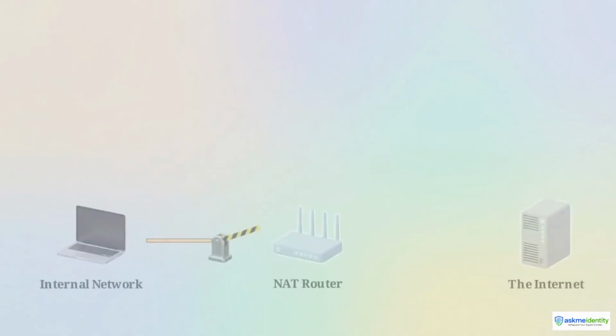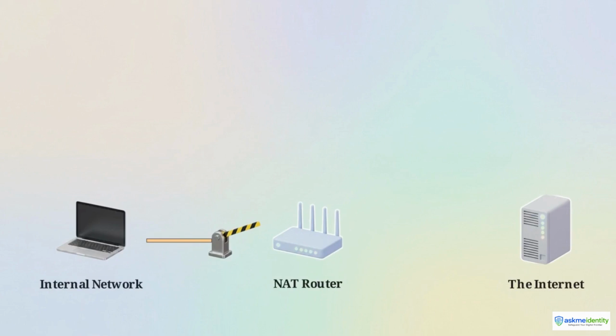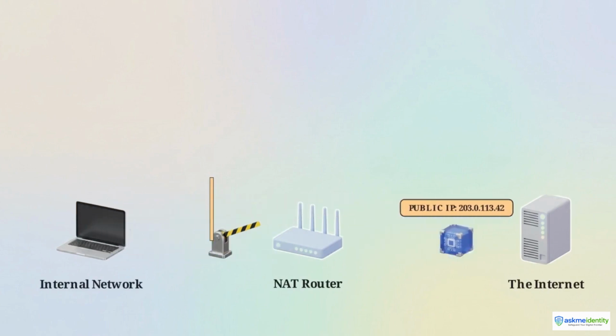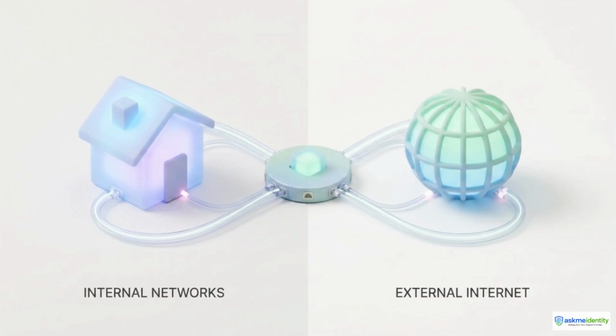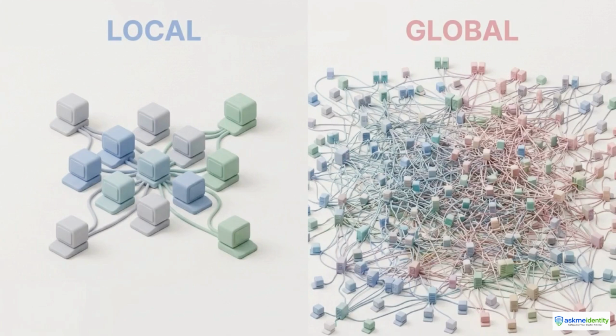Networks use Network Address Translation, or NAT, as a border checkpoint. When data leaves your house, NAT stops it at the router, replaces your private label with a single public identifier, and routes the packet into the broader internet. Do not confuse these two IP types when testing. Private IPs keep your local traffic organized, while public IPs dictate your visibility to the rest of the world.